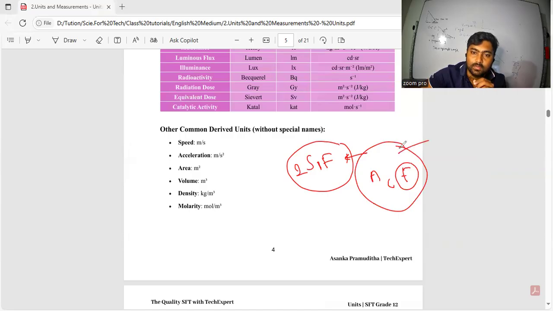This student was able to get an A pass and a C pass, but one subject failed. So you should keep this in your mind. Around 35% to 50% have failed in this syllabus.